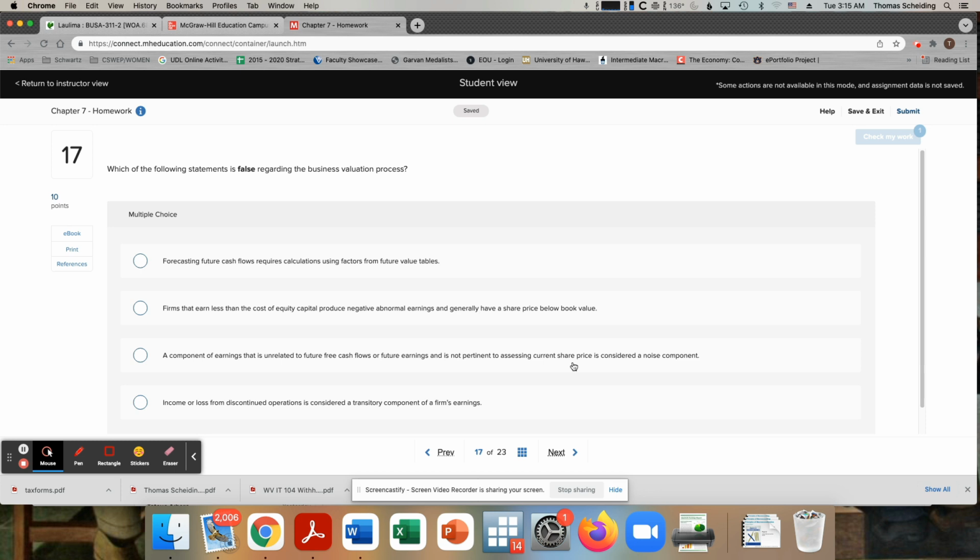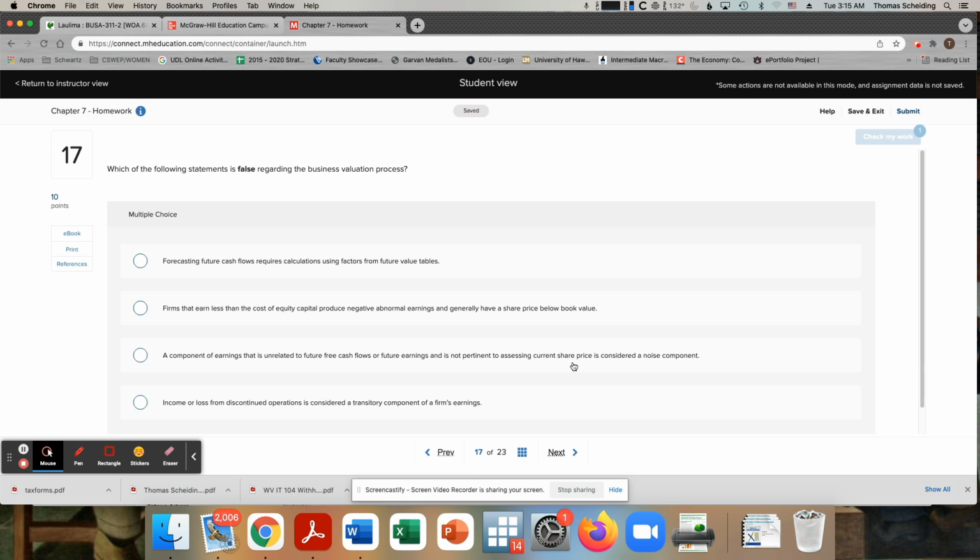So, which of the statements is false regarding the business valuation process? So this is definitional as well. This chapter is really heavy on the definitions, just by its very nature. What we know here is that in the business valuation process we are typically forecasting something.